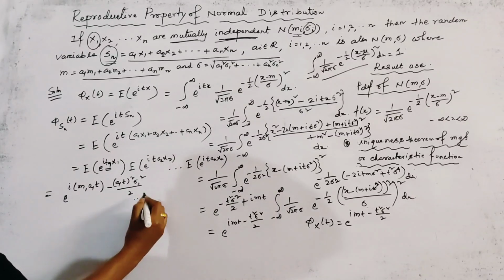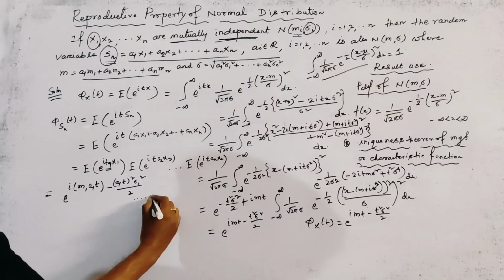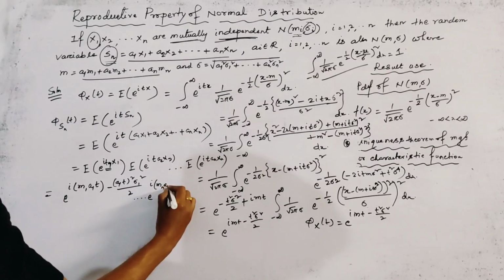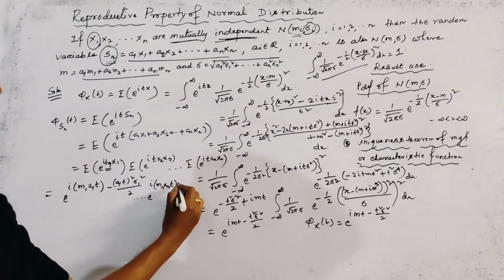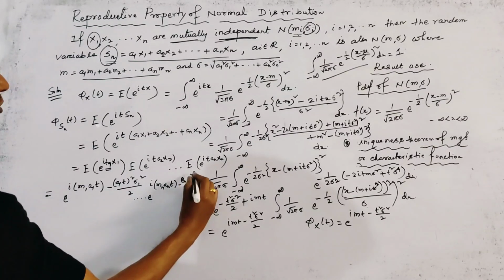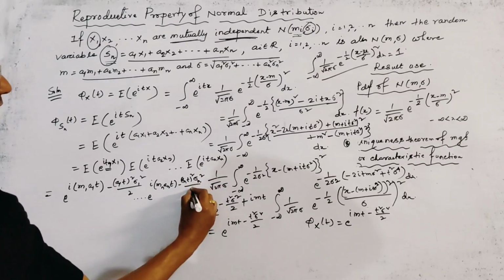And in a similar manner we put the last value also, and we get e to the power i into mn an t minus (an t) whole square into sigma n square by 2.